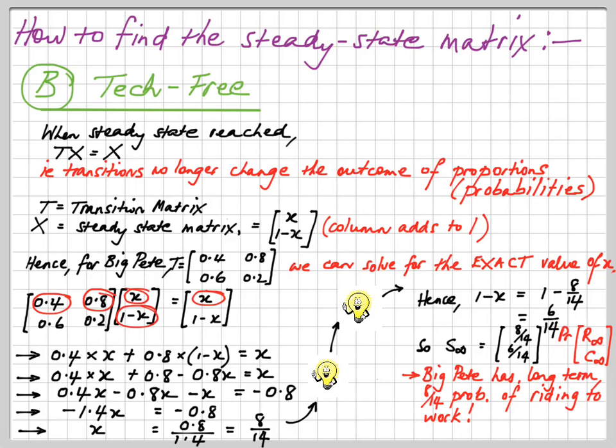Yes, that's right, 8 over 14, or 4 over 7 of riding to work. Now, testing, testing, testing. Here we go. Yeah, look at that. Look at that, guys. 8 over 14 is 0.5714, which is exactly what we got on the previous screen using the t to the 50 times S0 calculation. So there, we've just done it as an exact value, and that's how to do it.